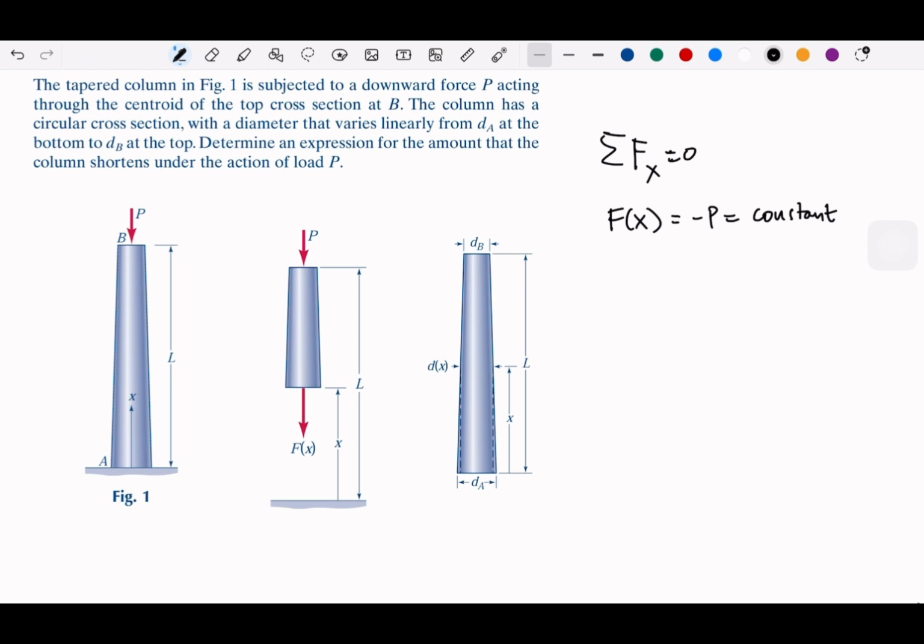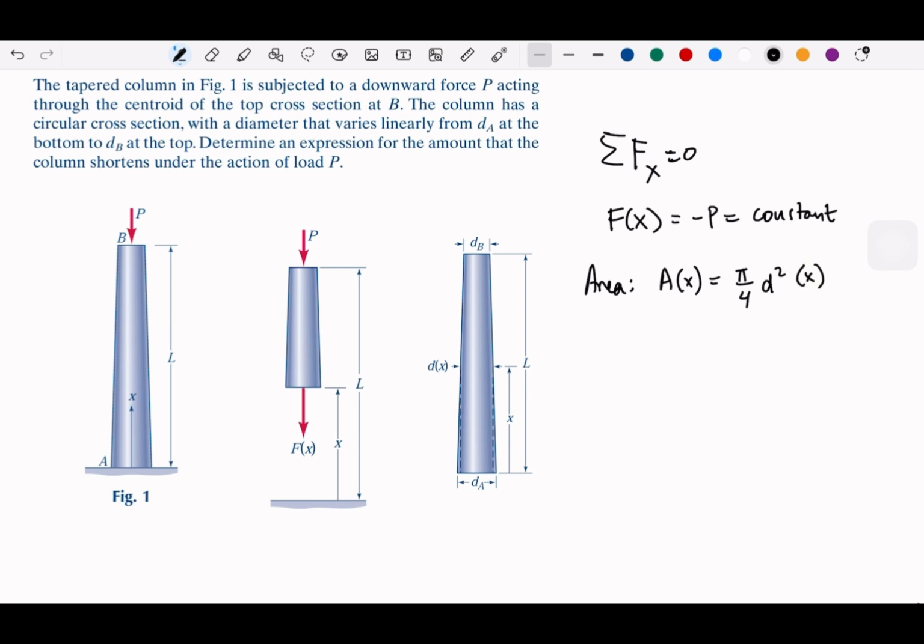As for the area, since this is a column with a circular cross section, I will define this as area of x, which is pi over 4 d squared of x.